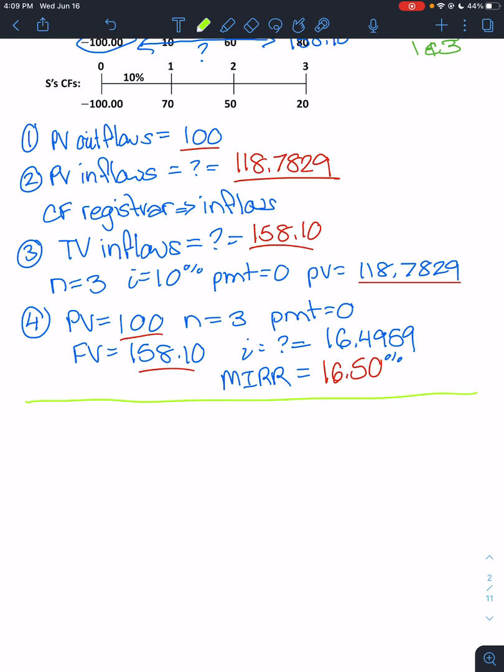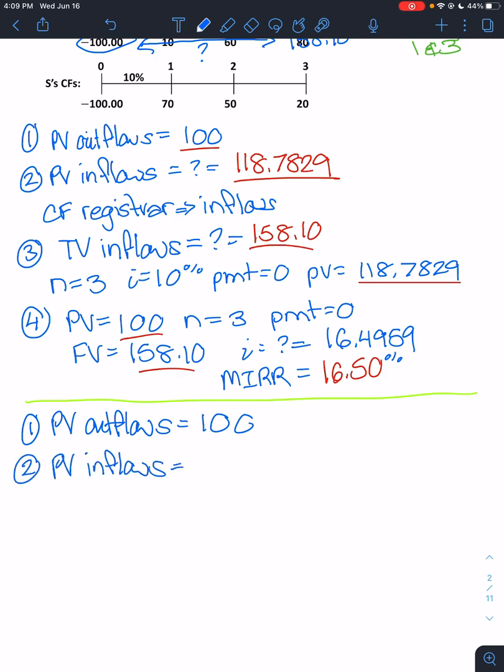All right, for the short one, we'll do the same thing. So present value of my outflows, again, it's just 100. Present value of my inflows. I go to my cash flow register and I put in my cash inflows only, starting in year 1.